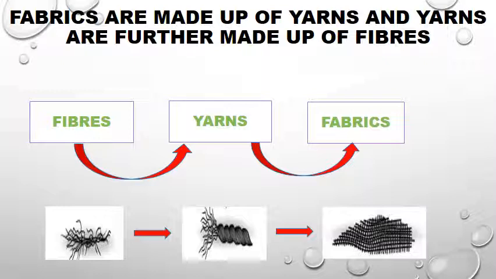So we can say that fabrics are made up of yarns arranged together. And these yarns are made up of fibers. So finally, we can say that fibers are twisted together to make yarns, and yarns are arranged together to make fabrics.